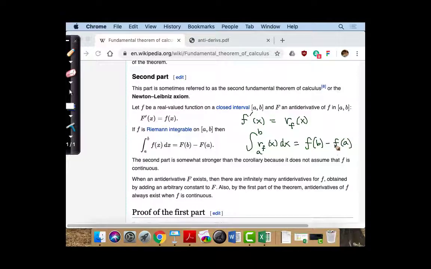Or in other words, the accumulation from a to b can be modeled in open form using a rate function, or by using the accumulation function in closed form. How much accumulates due to this rate between a and b can be stated this way. Or if I know a function, any function, whose rate can be defined as r sub f of x, then this is the amount that accumulates between independent variable values of a and b, or over that interval.